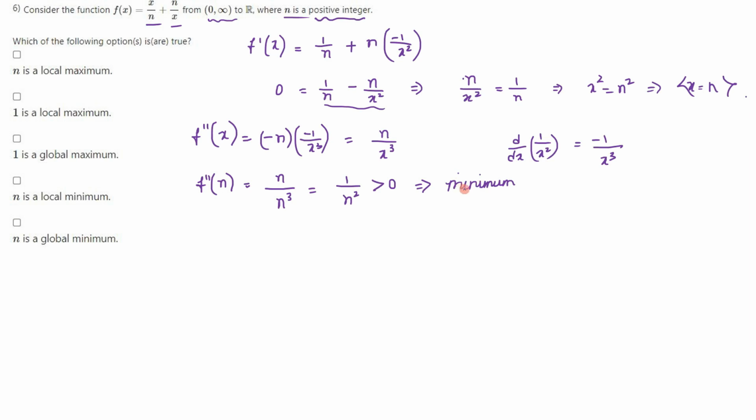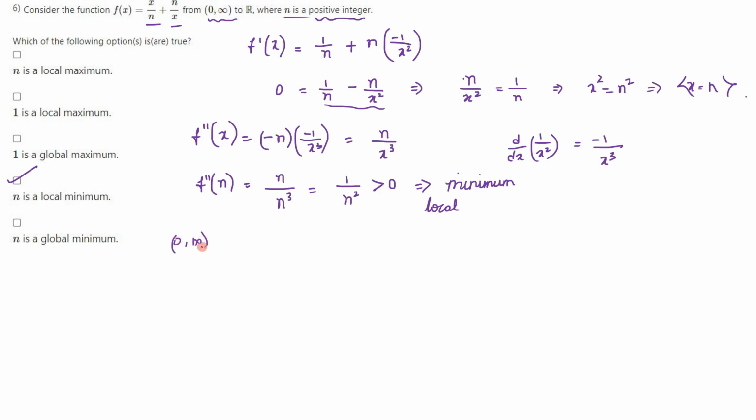So now let us forget about this interval given. If we are forgetting about the interval, then this n will be a local minimum, right? Okay, so now we can say that n is a local minimum. So what about if we consider 0 comma infinity?